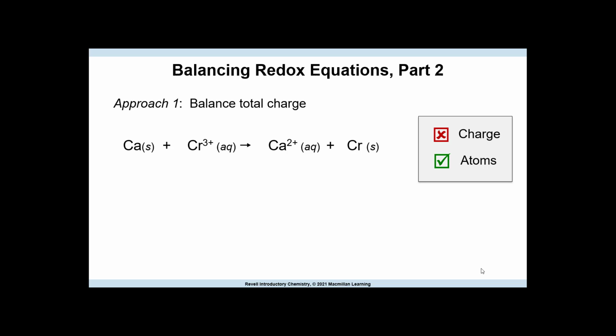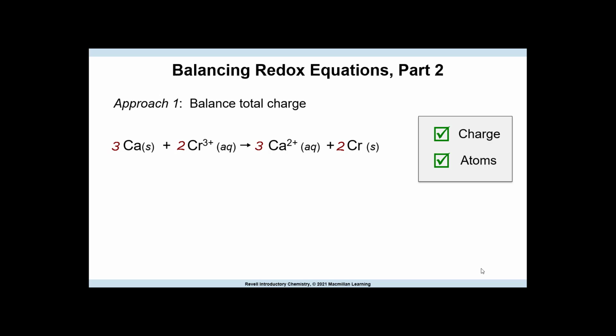Okay, so here's the first approach. It's probably not going to make sense. Don't panic. Notice that in this equation, the number and type of the atoms are the same on both sides, but the charge is not.